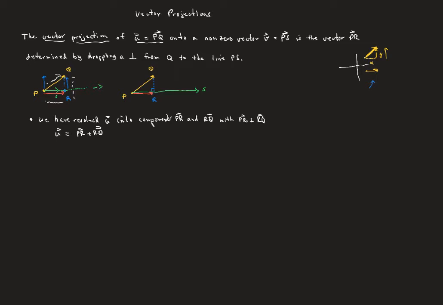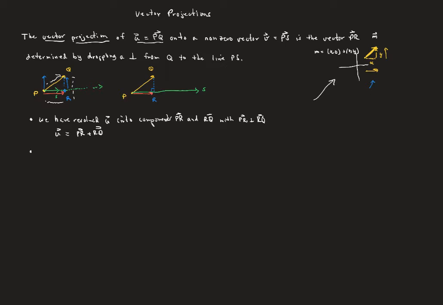Just as we see over here in component form, if I called this vector M, for no particular reason, then M is that vector in the x direction plus that vector in the y direction. We're doing that, but with different components than the x and y axis.